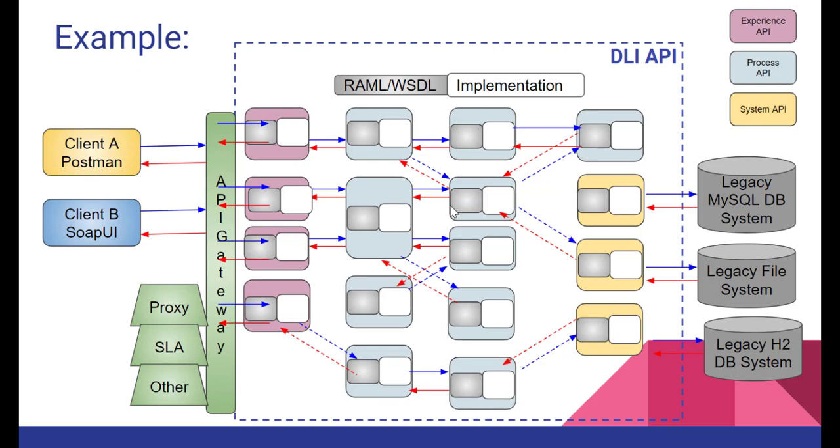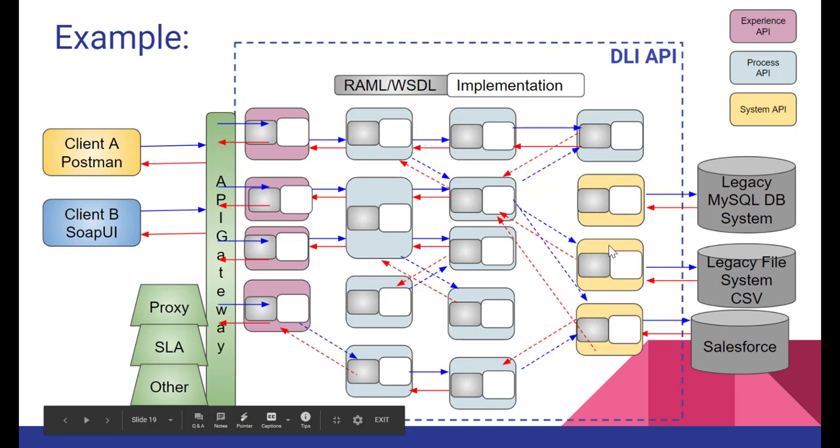The data from the CSV as well as from the MySQL database would be fetched using the system API, and the data received from MySQL and CSV would be combined in the process API. Then the process API will pass that canonical formatted data, that is the common format, to the experience API, and the experience API will transform that data to the format expected by the client, right? So that is what we are trying to achieve.